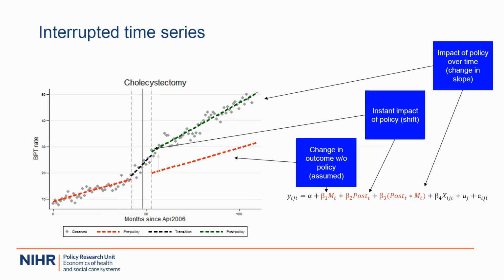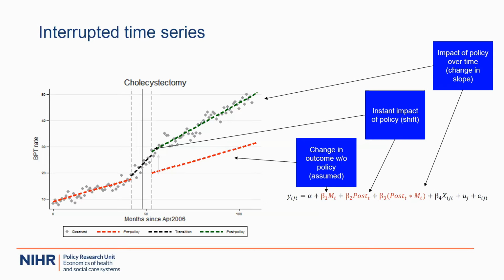On the right-hand side of the screen here, for those who prefer to think in terms of equations or who want to relate the equation back to the graph, I've just put in the extra terms which are needed to describe the plot, essentially. So you can see that there's a term for recognizing how things have changed in the past.